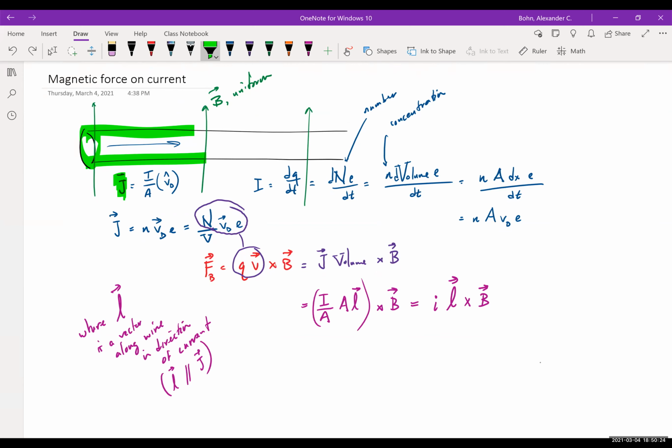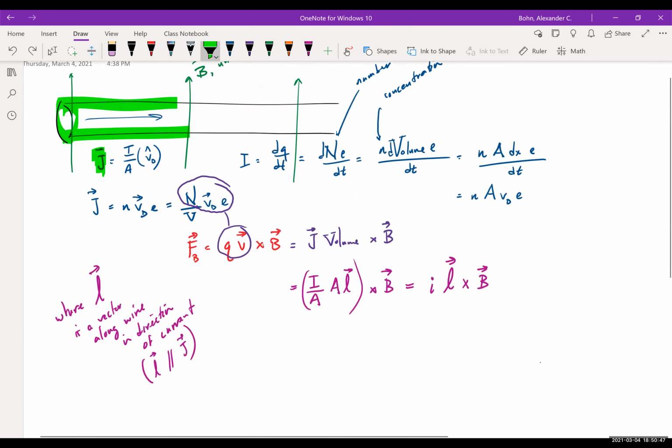Okay, cool. So there's that. The current, remember, is the charge per time. Now, the charge that moves for a given amount of time is some small number of electrons.